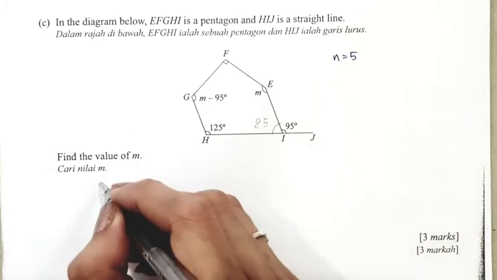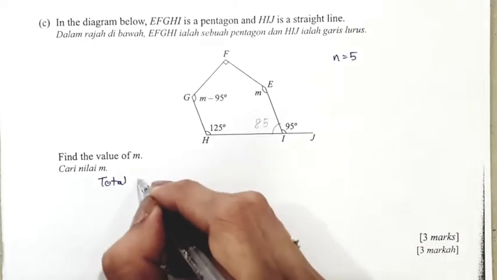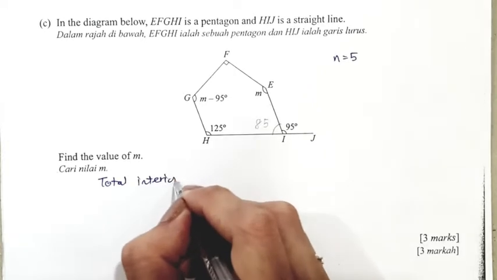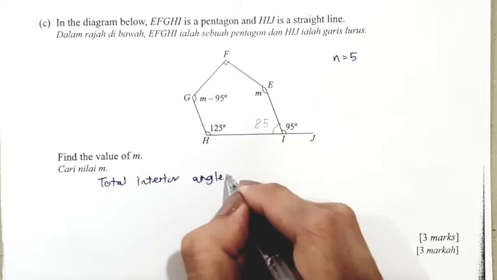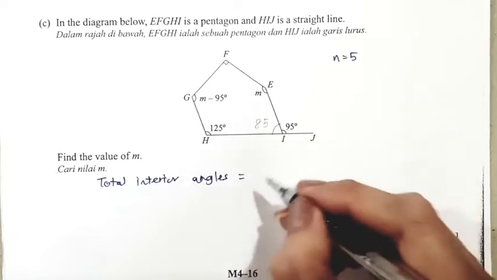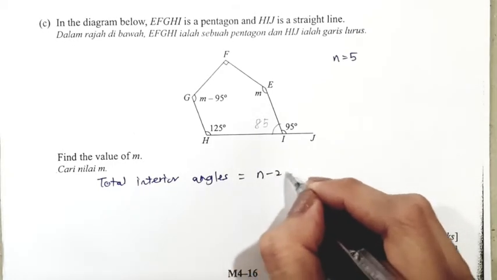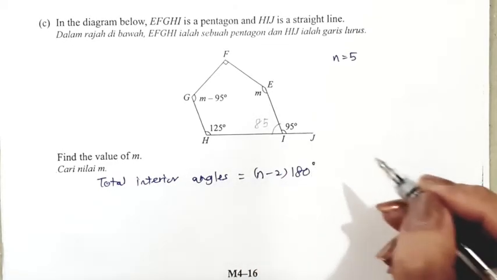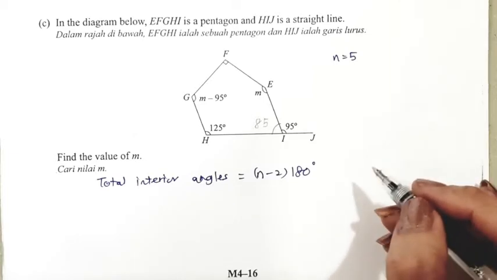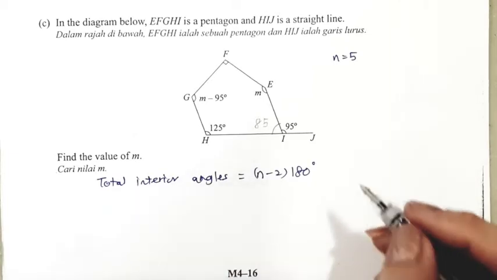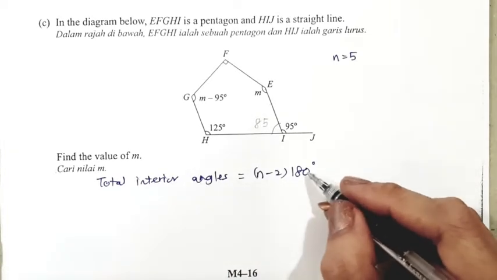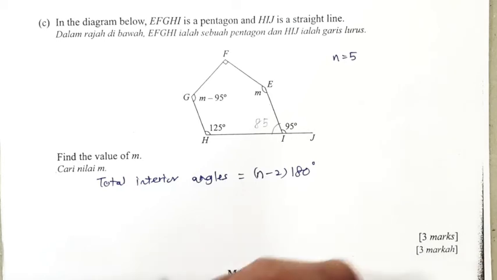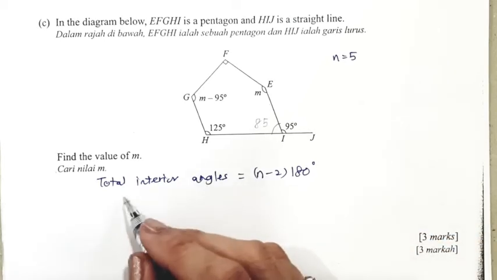Now, total interior angles in a pentagon can be found using this formula, n minus 2 times 180. Okay, this is the formula you'll have to remember. If you do not know how to get this formula, you can just leave your comment down there and I will answer you. Okay, so total interior angle.